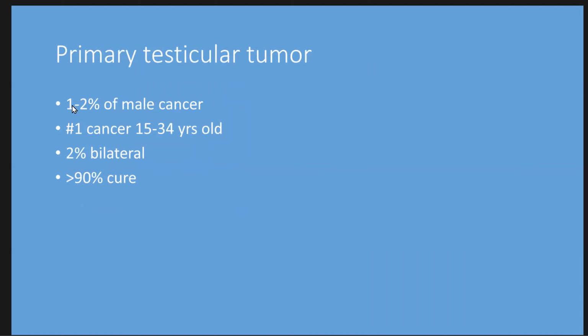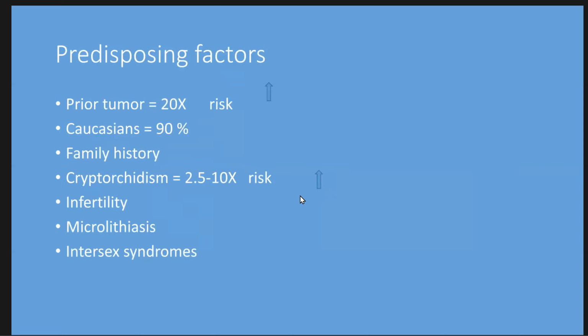Primary tumor accounts for 1 to 2% of male cancer. It is the number one cancer between 15 and 35 years old. 2% are bilateral and 90% are cured.